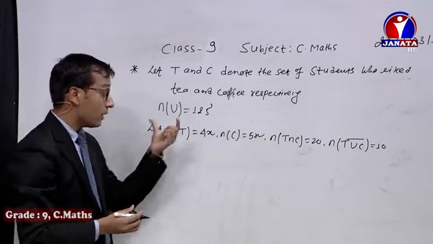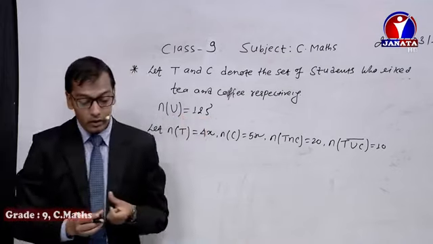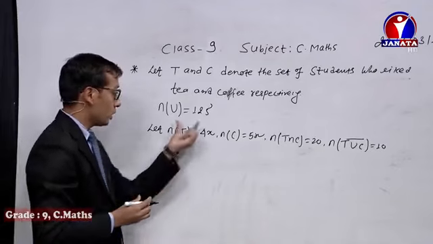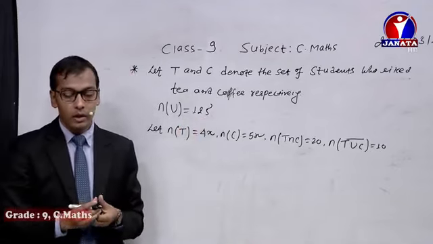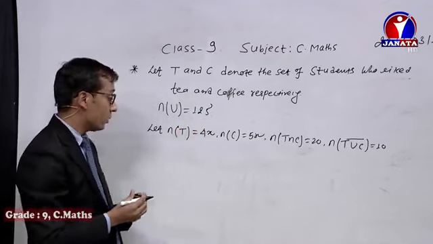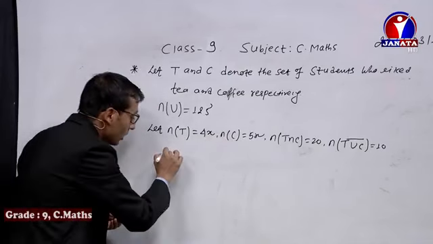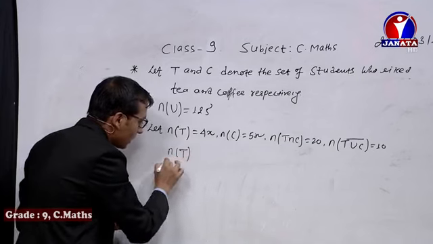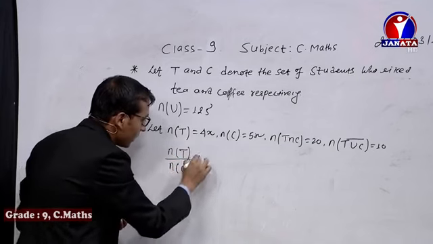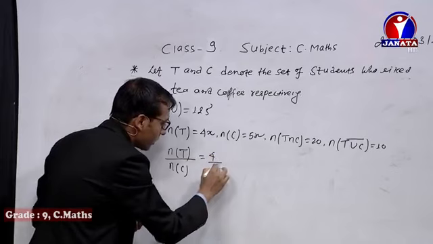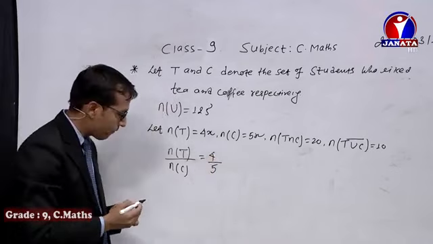Let me read the question again. In a survey of a total of 125 students, the ratio of the number of students who like tea and coffee is 4:5. So there is a ratio n of T over n of C, which is 4:5, or 4/5.